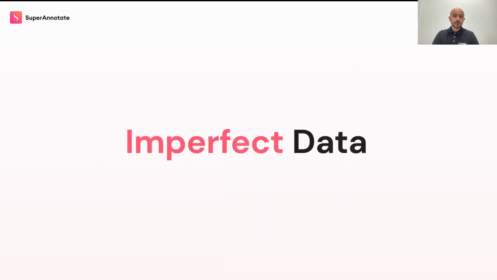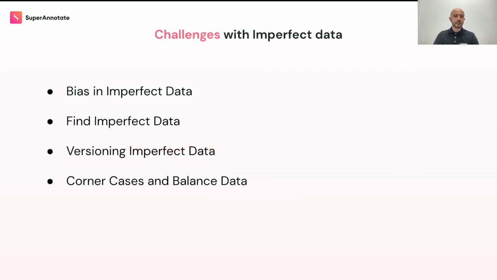Okay, let's jump into the imperfect data and the challenges that we're facing with it. For this talk, I wrote down 4 different challenges. One of the most important is the bias in imperfect data. Once you find the bias, then we need some type of tooling to find that imperfect data more easily and make corrections to it.